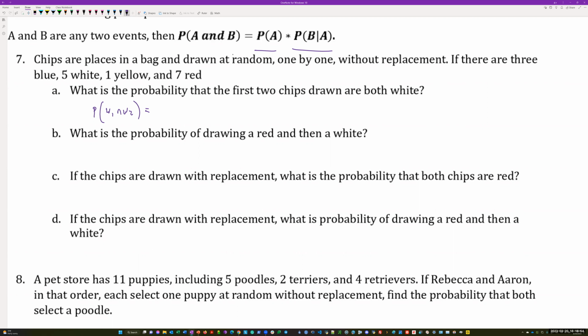Tell me. Do you know the total? So 16, right?